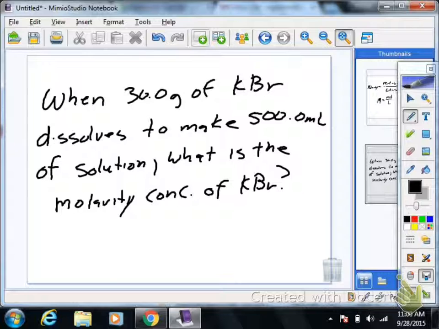So we're looking at the total solution's concentration, not ions, but overall, what's the concentration of that solution? So what's the first thing I need to do? Find moles. Okay, find moles.